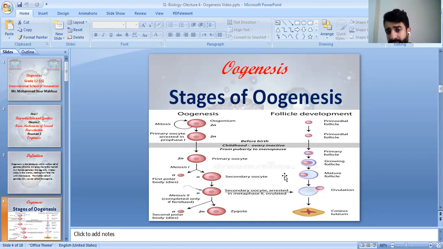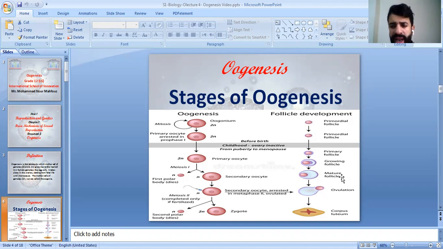At the same time, the follicles that surround these: we have primordial follicles, and after puberty till menopause, the primordial follicle develops into primary, the primary develops into tertiary, and the tertiary cavitary, which is the Graafian follicle, and finally we have ovulation and the release of the egg cell.